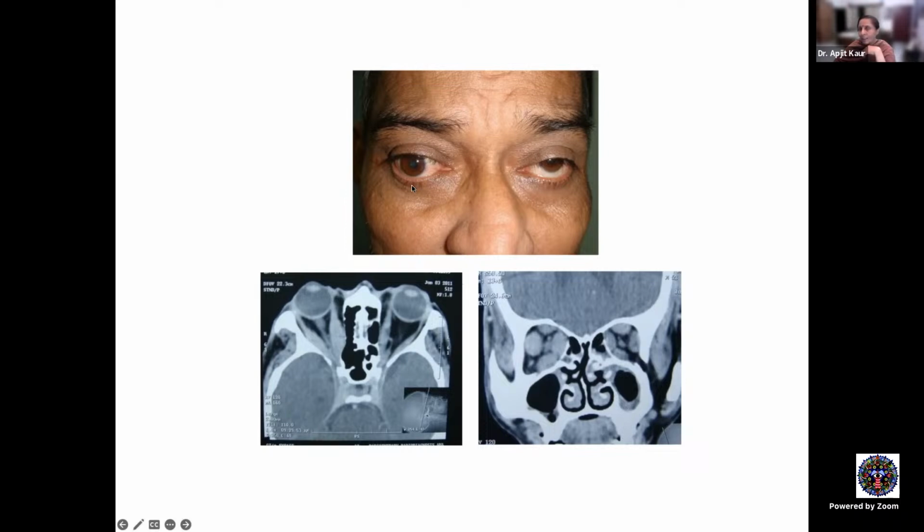Why do you think it is like that? Because asymmetrical enlargement of the muscle is more involved than the lateral rectus muscle. So what did you learn? That these presentations are reflections of what is happening.